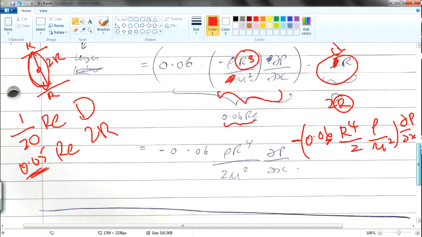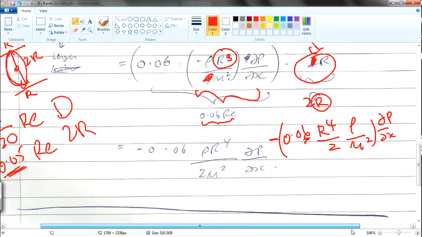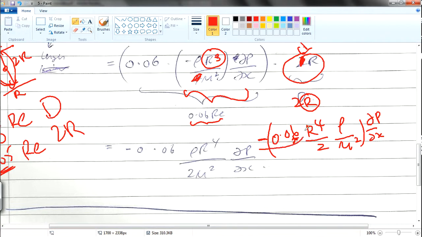If you look at it, this is exactly the same, minus 0.06 rho R to the 4. In this case, this is definitely R cubed, so this is R to the 4 definitely, because R cubed times R is R to the 4. If it's R squared, times R is, I think you get what I mean already. So definitely this is R cubed, over 2 nu squared, it's the same thing, partial p partial x.